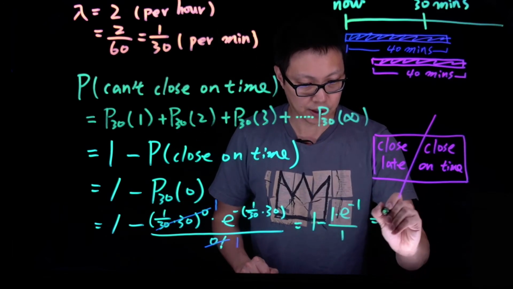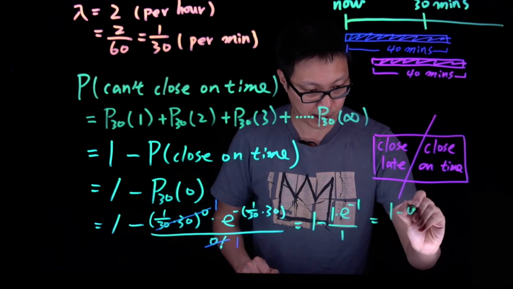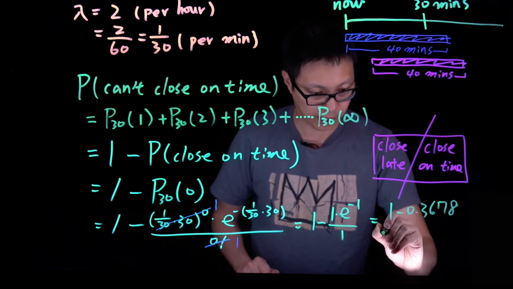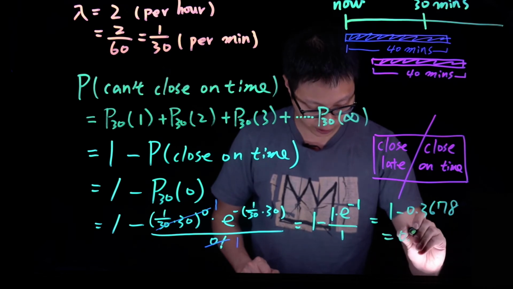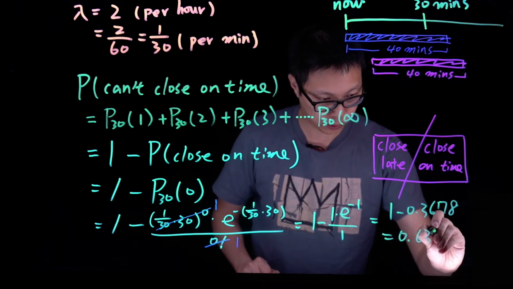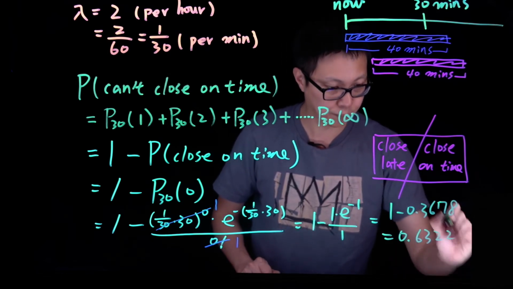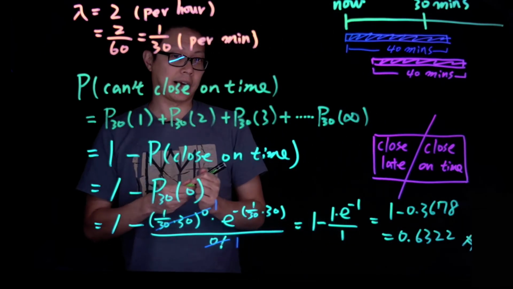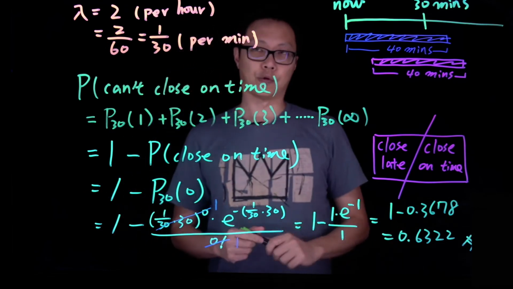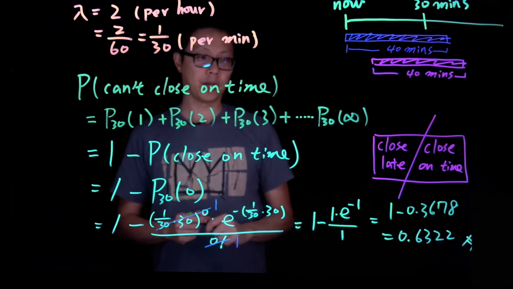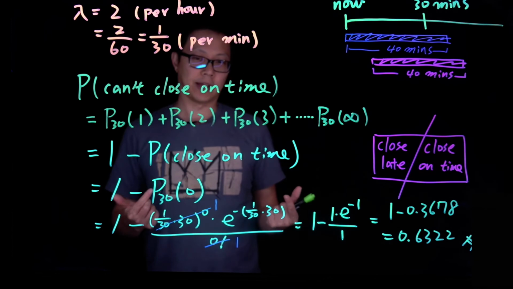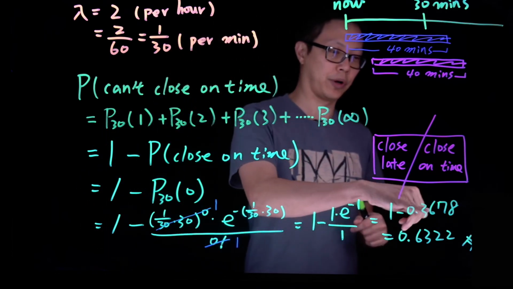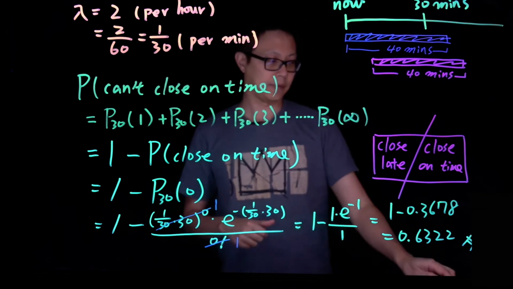So this is equal to 1 subtracted by 0.3678. And my answer will be 0.6322. Okay? So the probability that I cannot close the store on time will be equal to 0.6322. Alternatively, you can say that the probability that I can close the store on time will be equal to 0.3678.